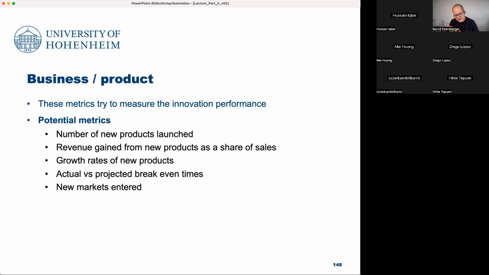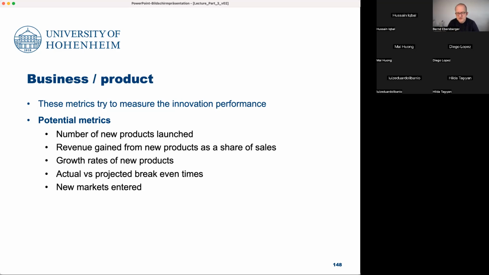And this is, I have to admit, very product-centered measurement that you typically look at on this slide.